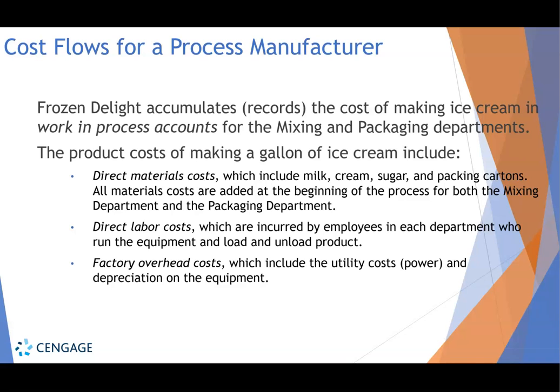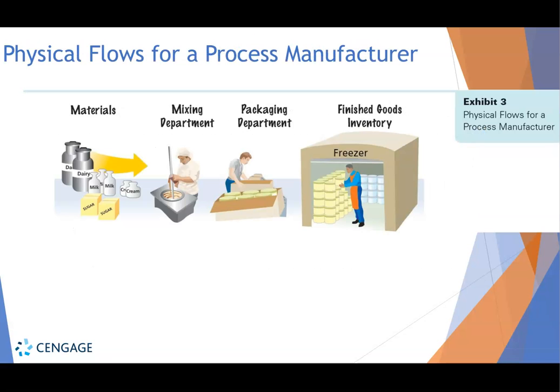The material costs are added at the beginning of the process for both the mixing department and the packaging department. The direct labor costs, which are incurred by employees in each department that run the equipment and load and unload the product, are calculated in each department. The factory overhead costs, such as power and depreciation, are also allocated by the department.